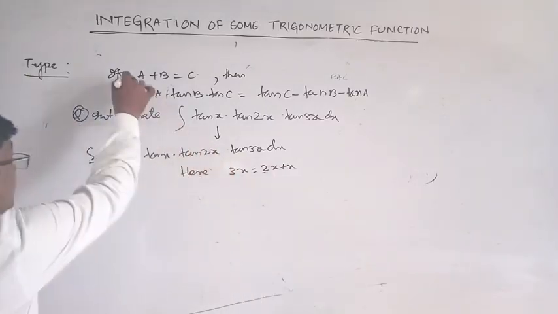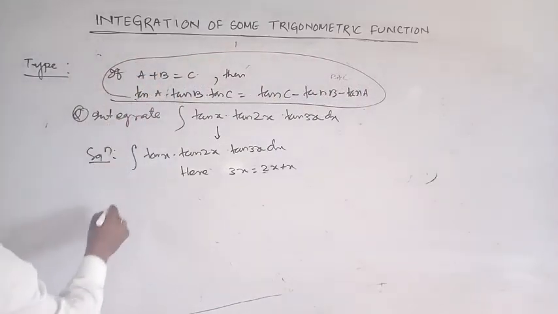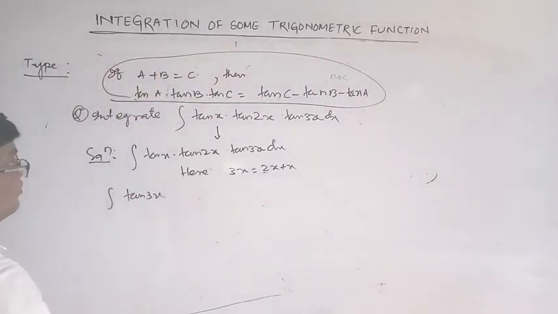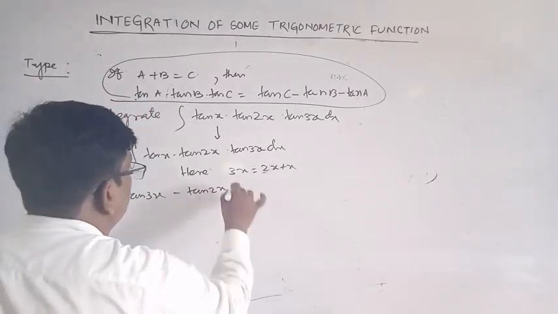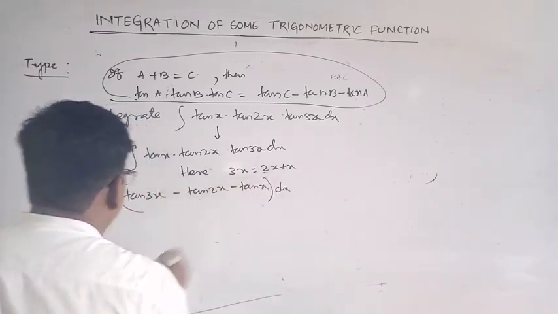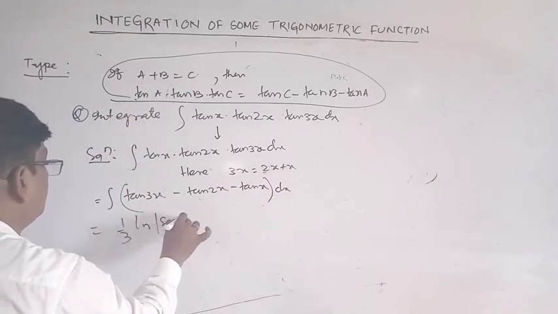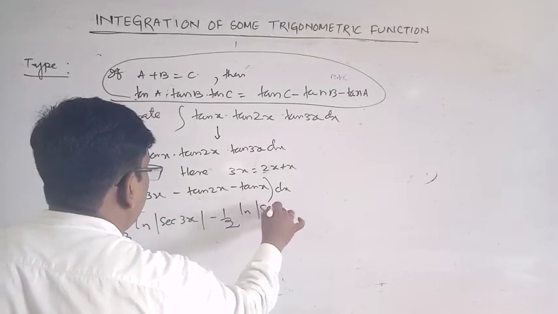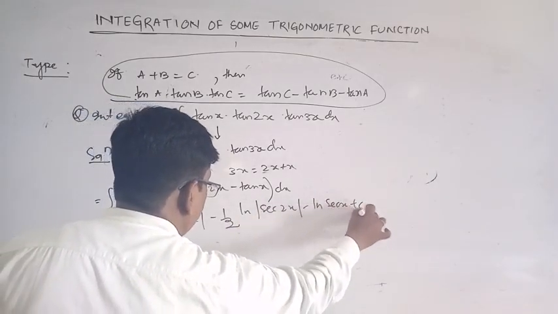According to this formula, this is equal to the integration of tan 3x minus tan 2x minus tan x dx. Okay, so this is equal to 1 by 3 log of sec 3x minus 1 by 2 log of sec 2x minus log of sec x plus c.